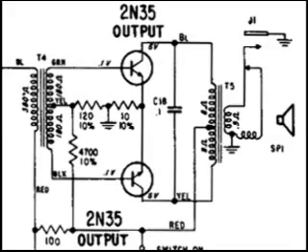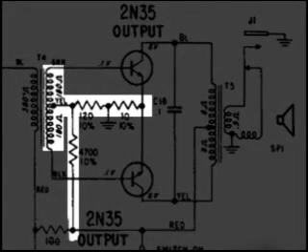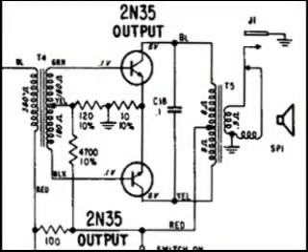And if you look in between and take a look at the emitter, there's an emitter 10 ohm resistor that goes to ground. That's the same idea as the cathode resistor. And all of this influences the bias.